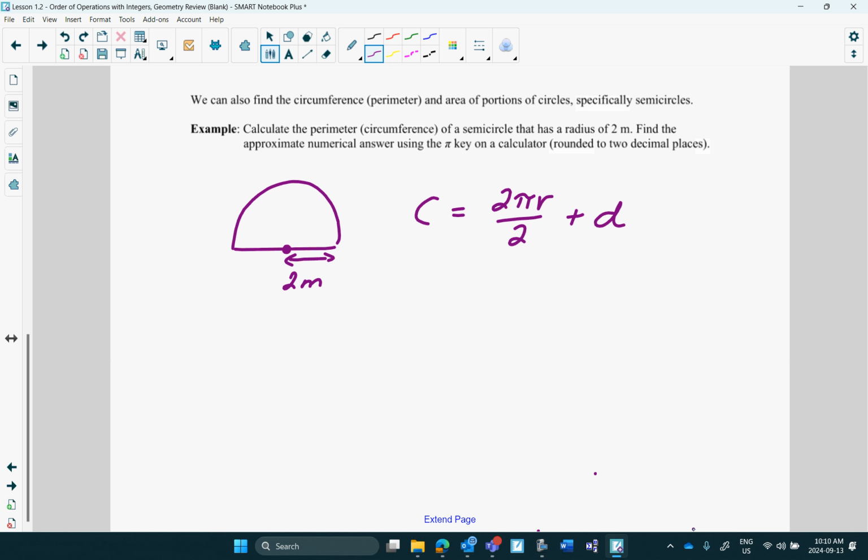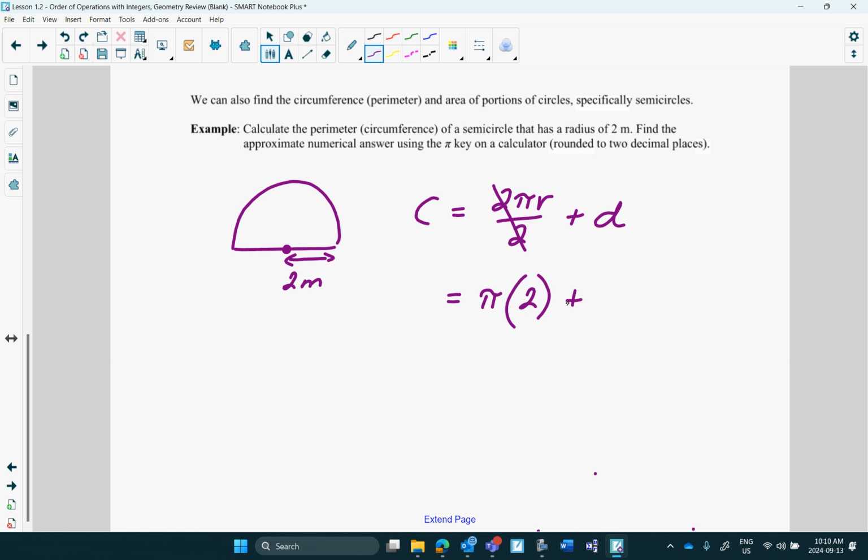What happens when we times by 2 and divide by 2? They cancel each other out. So to find my circumference, I just have to do pi times the radius of the semicircle and then add the diameter.